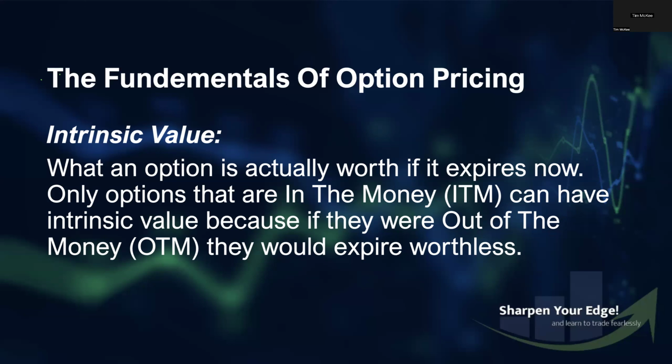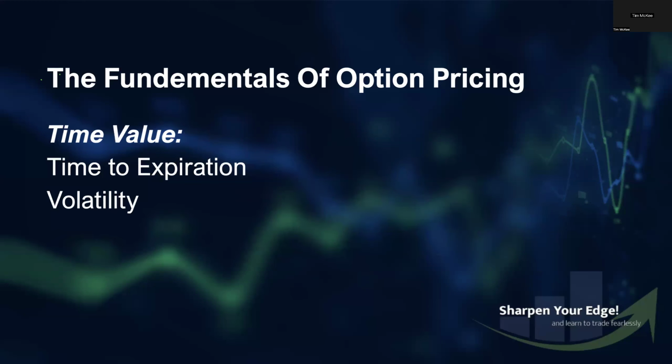Until the delta gets down to zero, there is still value in that. So as long as you exercise that option before expiration, you will still collect some money. You won't make any money, you'll lose money, but you won't lose the entire investment. So time value is made up of time to expiration and volatility.